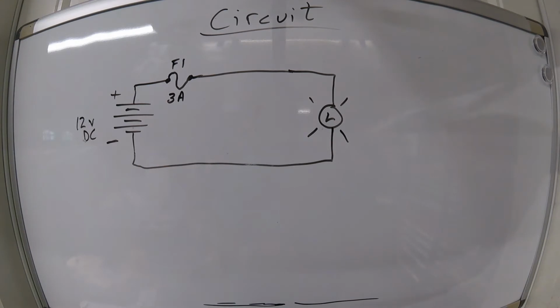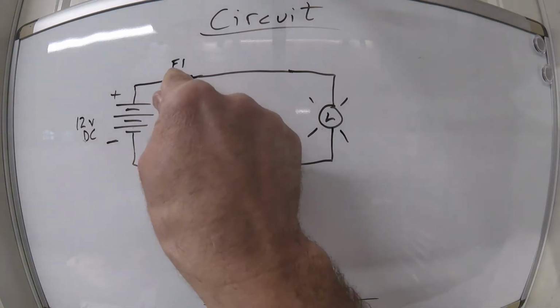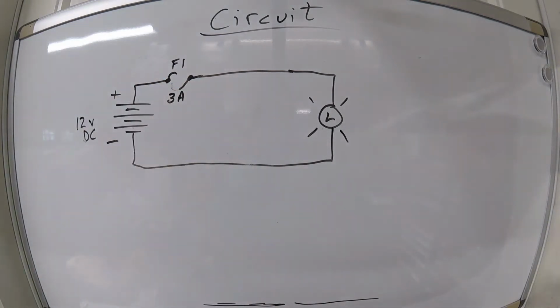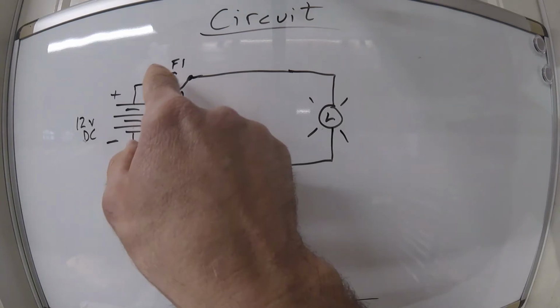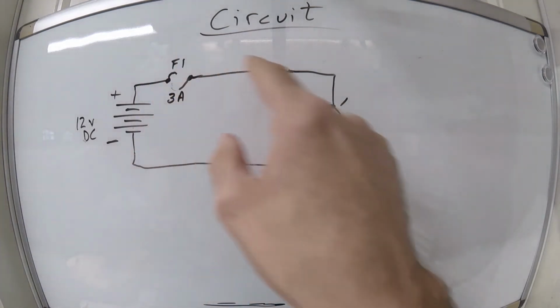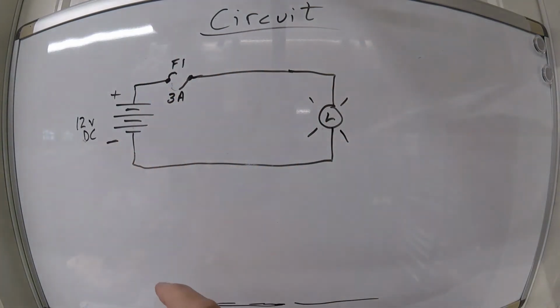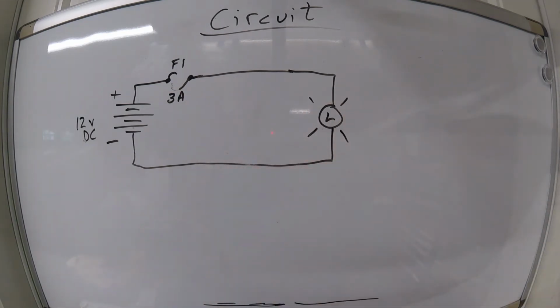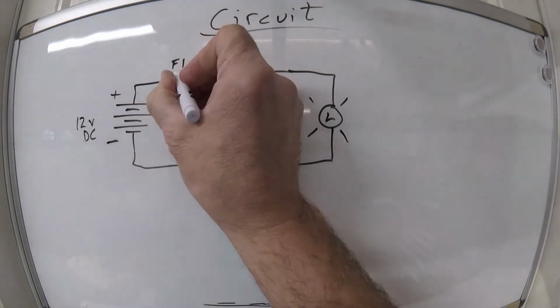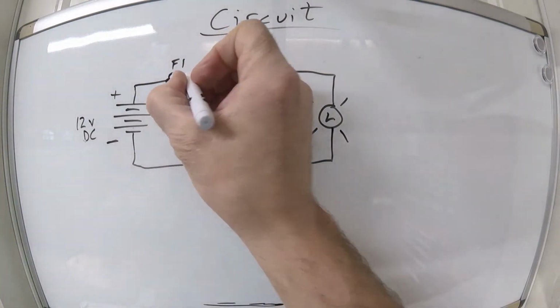So if our current goes more than 3 amps, then this fuse will blow. It'll open, and we will no longer have a circuit. We will no longer have a closed path or a closed loop for current to flow, and we call that an open circuit. And of course, at that point, the light goes out and no more current flows.